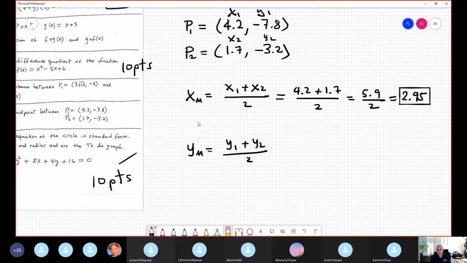The y component is similar. Who is y1? Negative 7.8, plus, actually plus negative 3.2, over 2. So actually a double sign.